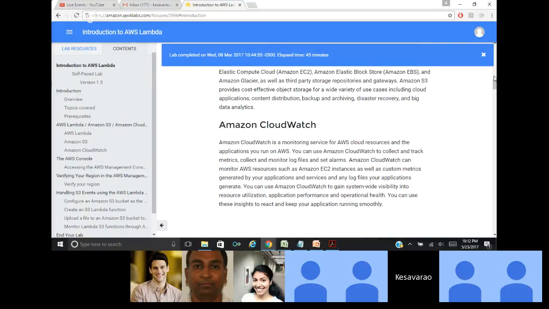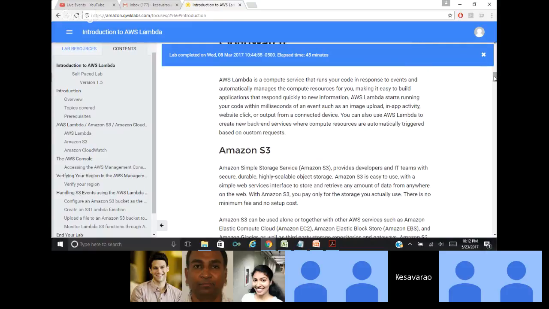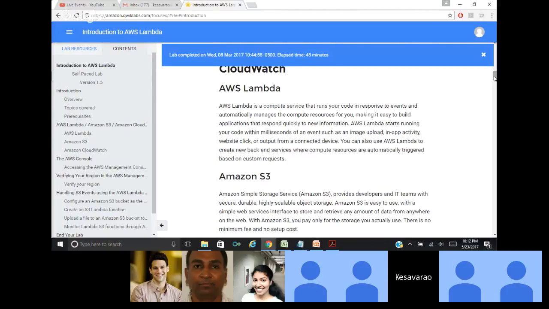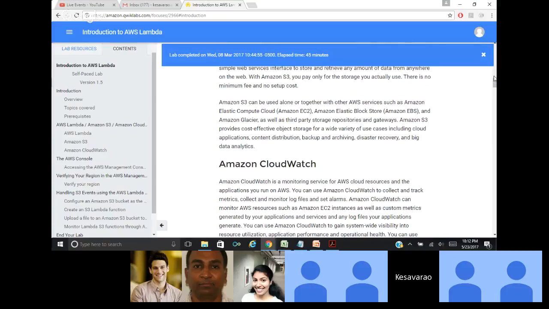The relation between all these three: basically the AWS Lambda function, whatever that code is, is going to trigger based on an event. The event will be that a file is placed on an Amazon S3 bucket. As soon as we put a file, let's say I upload a file into Amazon S3, immediately a trigger will happen and the AWS Lambda function will execute. How will this happen?